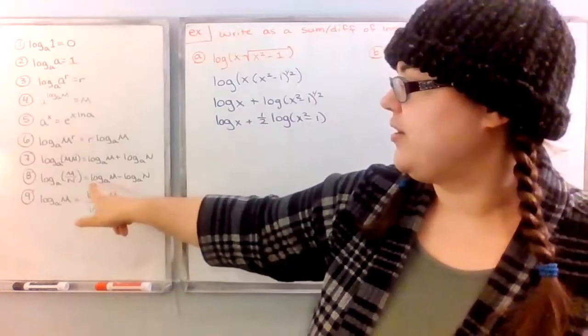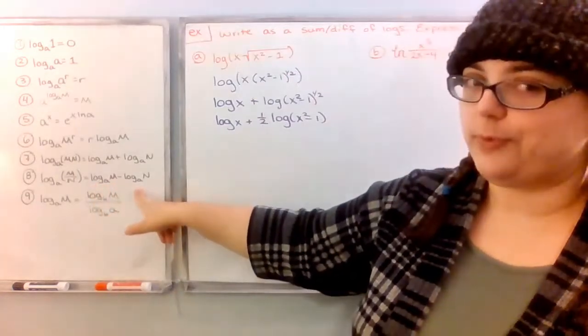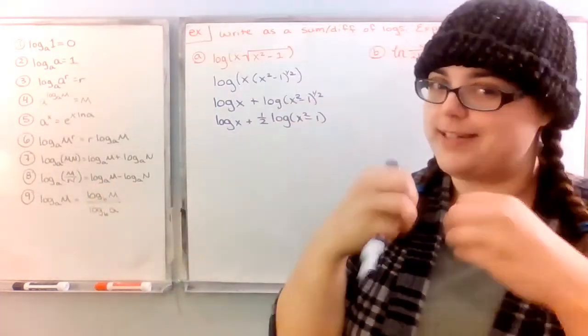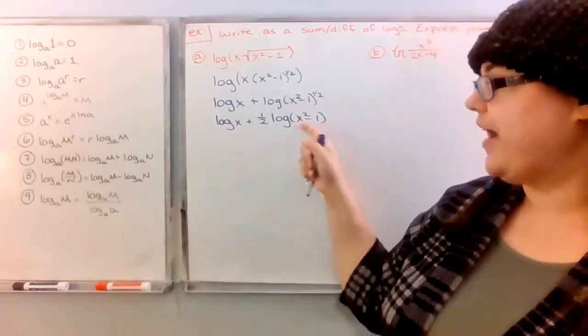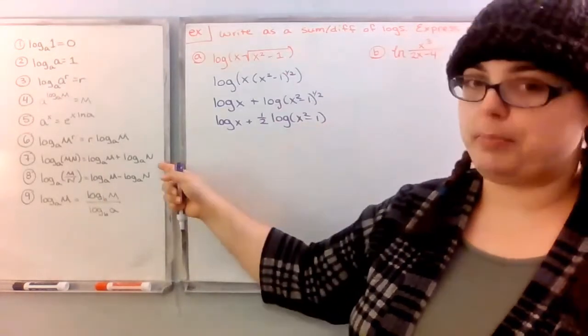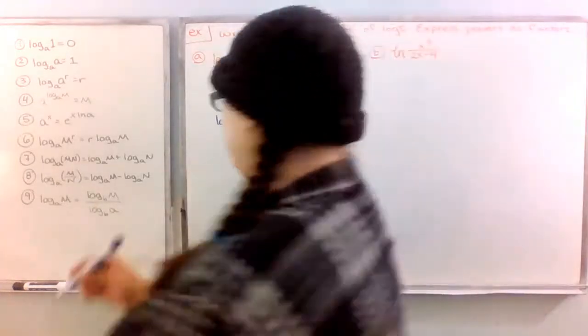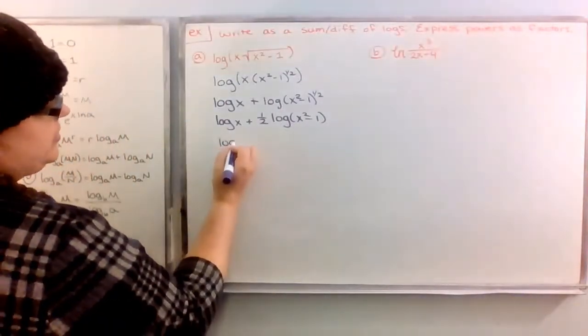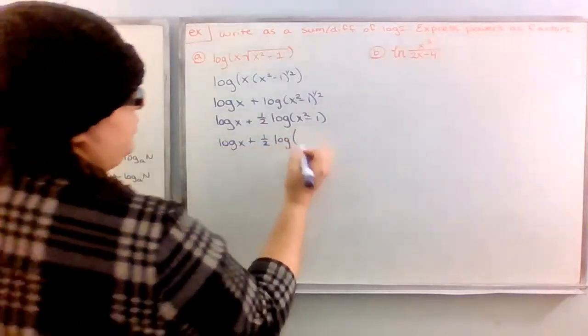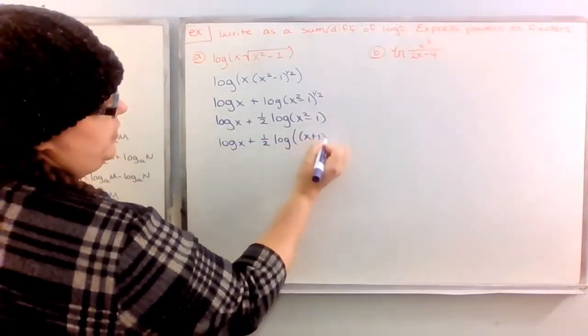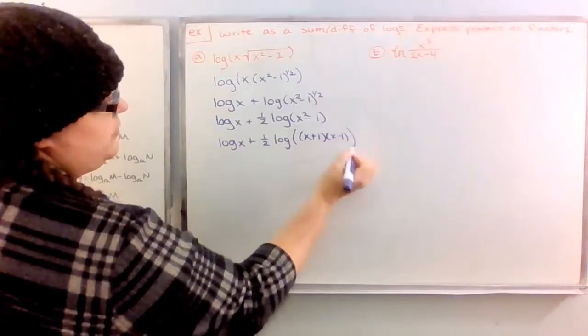It's not log minus log, right? It's log of something minus something. So we can't apply property 8, but we can factor this and then apply property 7 again. So we've got log of x plus 1/2 times log of (x plus 1)(x minus 1).